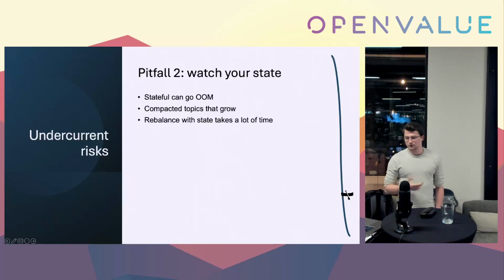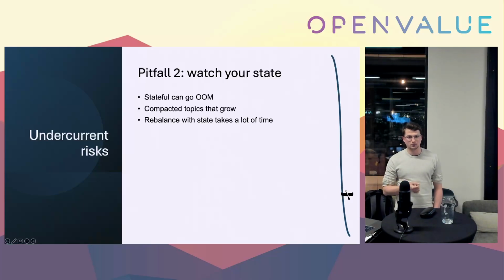The second one, of course, is state. If you have state, then you can go out of memory. So you need to be careful with how this state is built. You have compacted topics, and they override the key. So you must make sure that if you send new keys, they do actually override it. So if you send a UUID, or if you include the time, for instance, that will not happen.